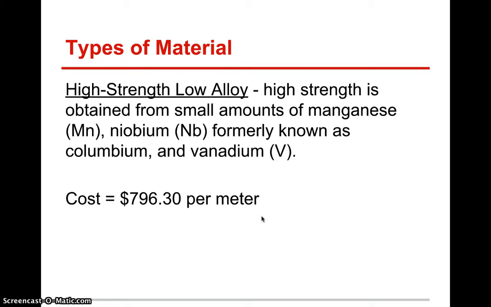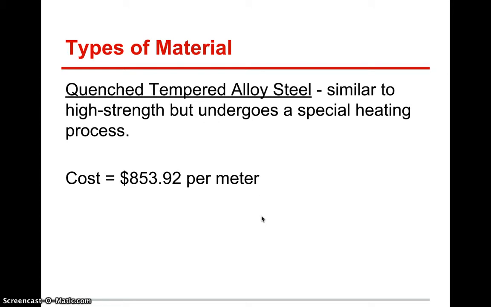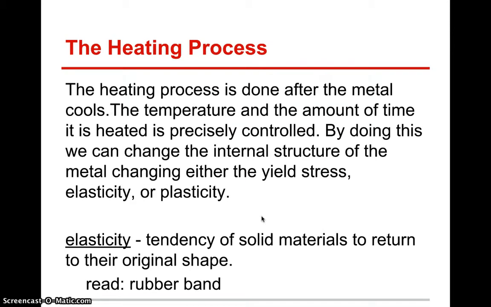Here, we're almost at $800 per meter, or 3.2 feet. Now, quenched and tempered alloy steel is similar to high strength, but undergoes a special heating process. But what I want you to notice is that as these materials are stronger, their cost is going up, so there's a trade-off. The heating process is done after the metal cools.